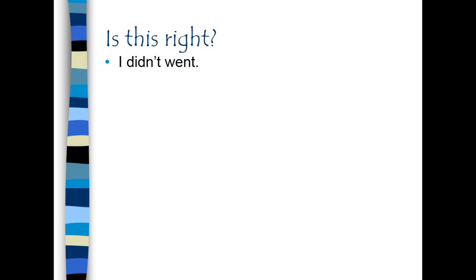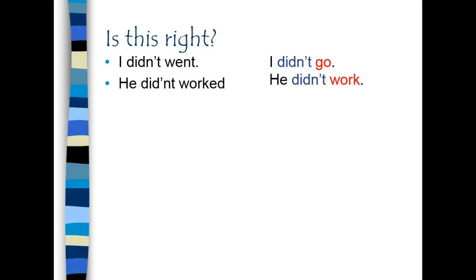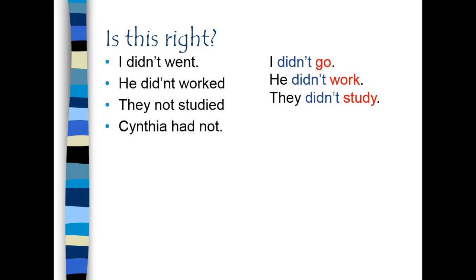Let's look. I didn't went. Is this correct? No. The correct answer is I didn't go. He didn't worked. Is this correct? No. He didn't work. They not studied. They didn't study. Cynthia had not.